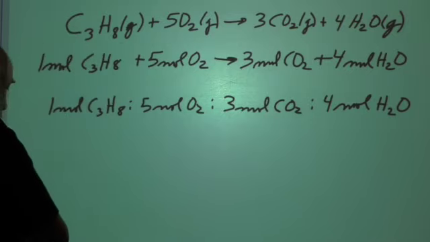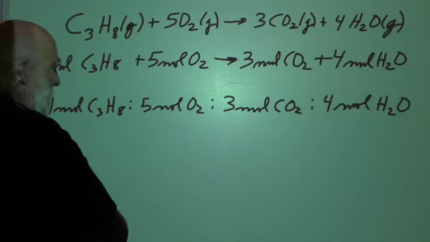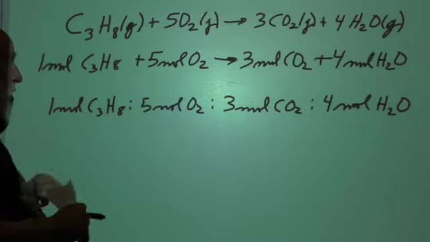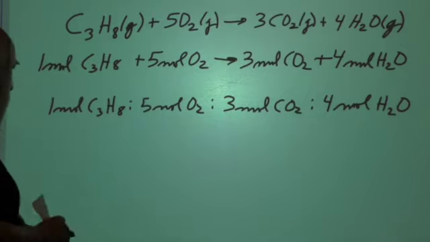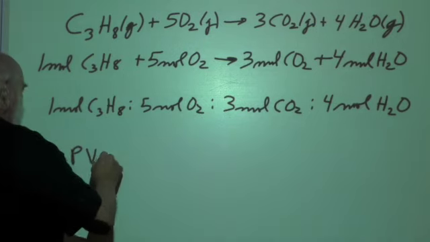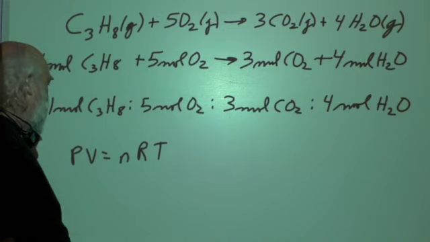Now, one thing I want to do here is to look at an example of how we can change moles over to liters. And that is by using the ideal gas law. We talked about it, and in it, PV equals nRT.